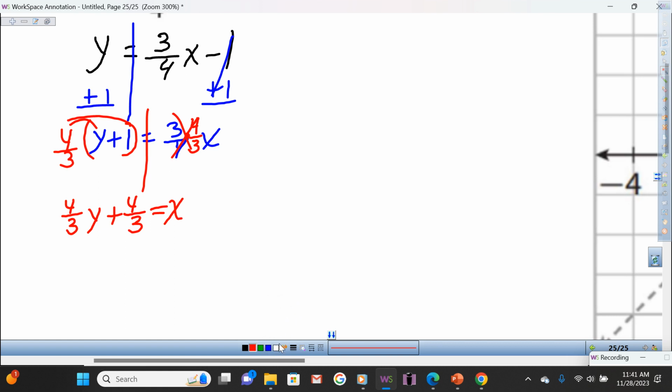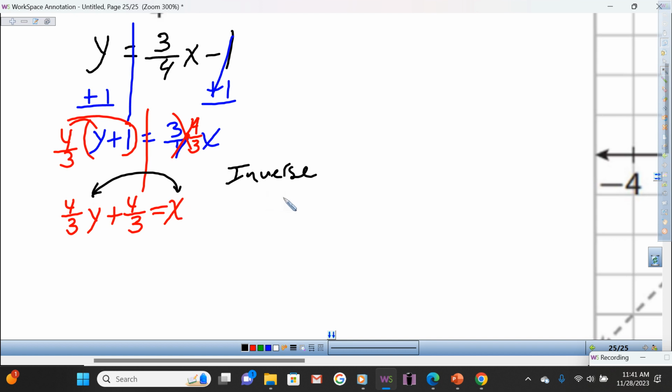All right. So is that the inverse? No, what would be next, Anthony D? What makes it the inverse? Switch the variables. That is correct.